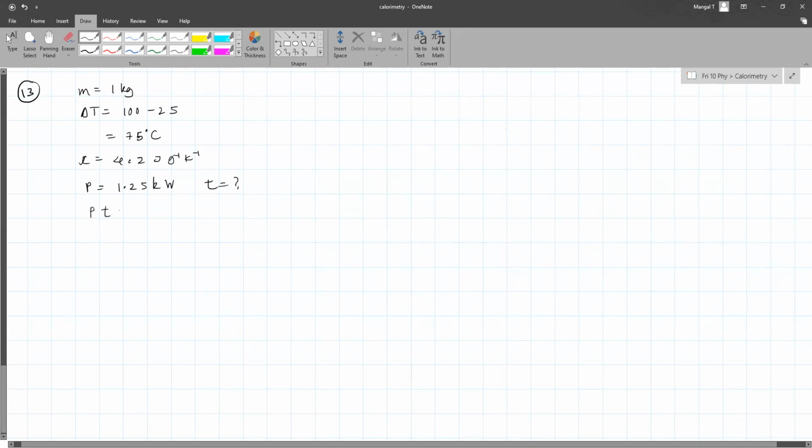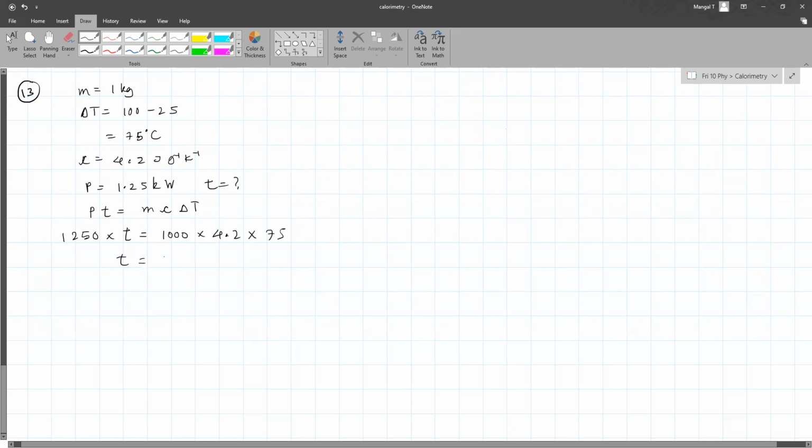So we know power into time is m c delta T. So that means 1250 into t. Now this is 1 kg, I'll write it as 1000 grams, because this is 4.2 and this is 75.